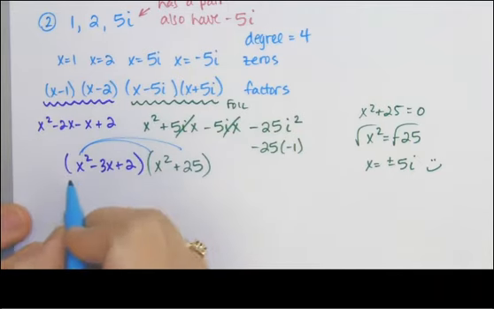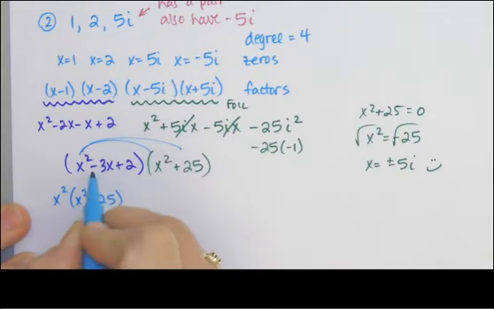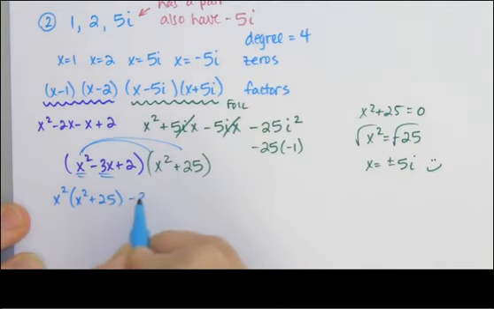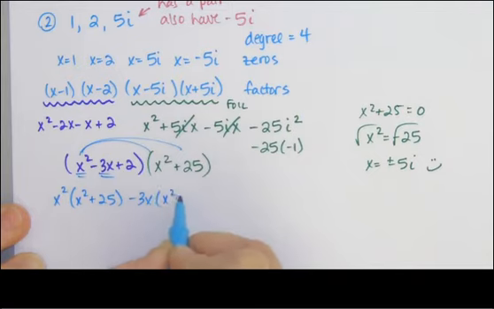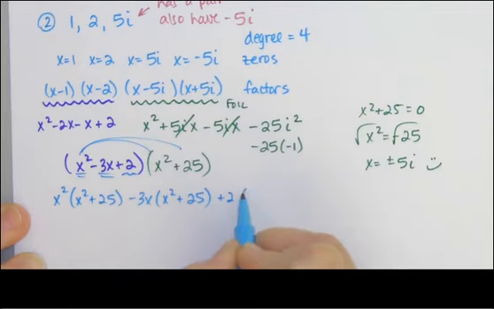If you want to show what you're doing, take your x squared multiplied by x squared plus 25, then take my negative 3x and multiply it by x squared plus 25, and then take my plus 2 and multiply it by, ew, that's ugly, x squared plus 25.